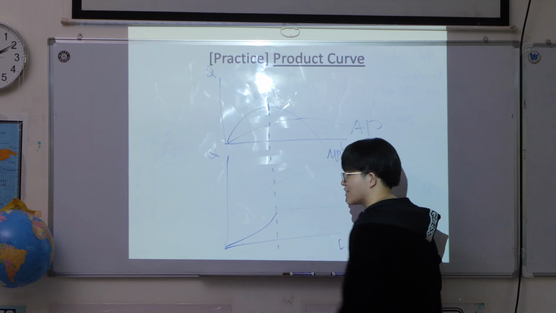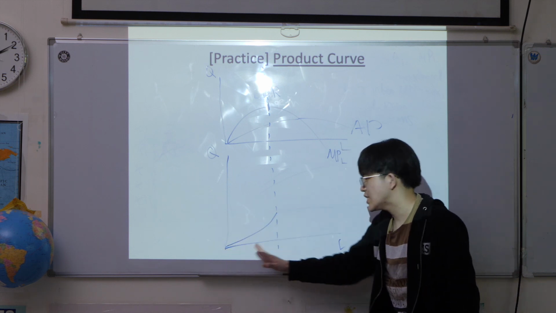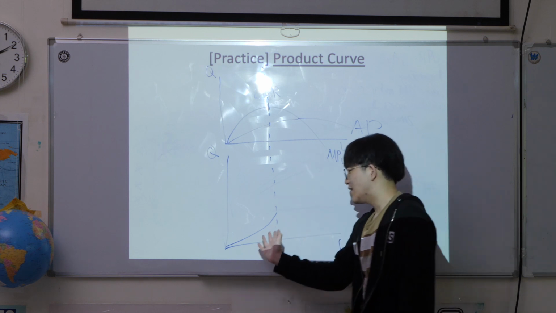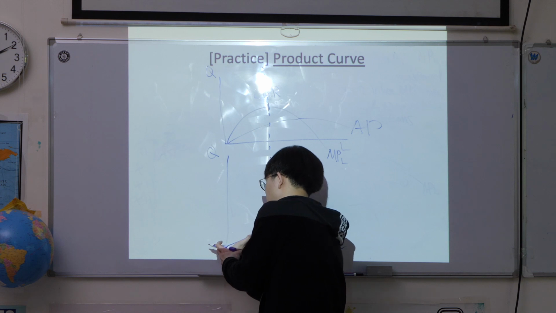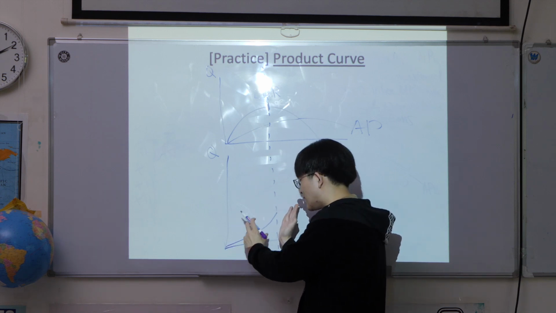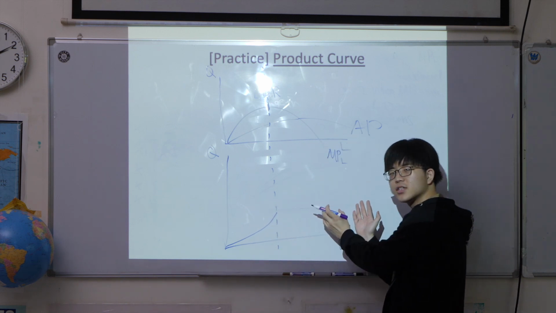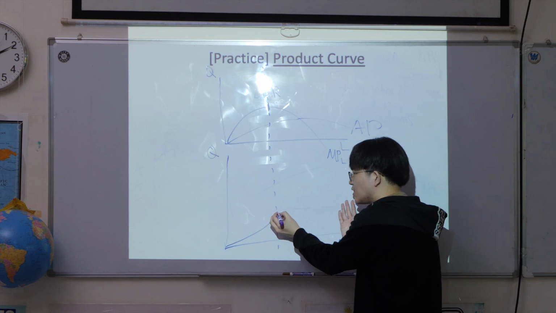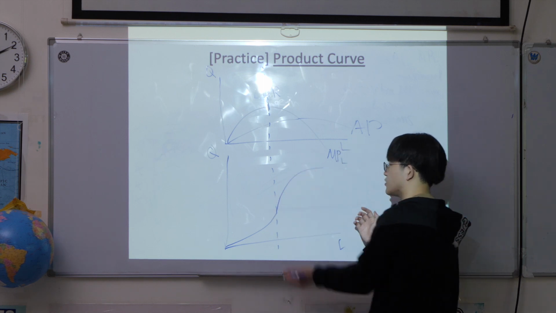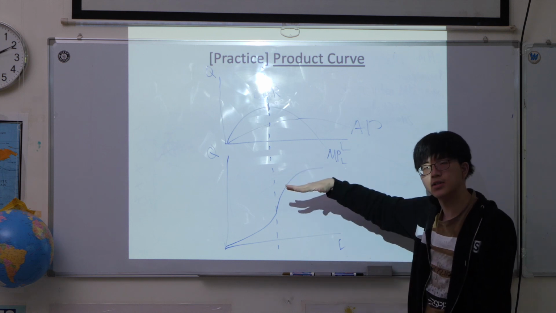Something like this. So again, total product of labor will increase at increasing rates. I mean, it will increase gradually and then sharply as it gets close to this point. And after this point, it will start to increase again, but at decreasing rates. Looks like that. And it approaches the horizontal point.